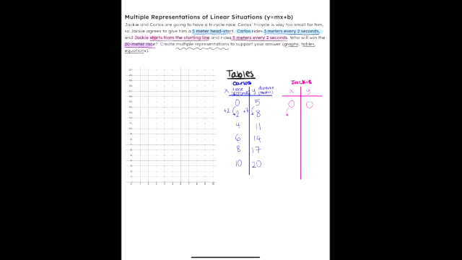So after 2 seconds, she increases by 5 meters. So our seconds column is going to go up by 2s, just like Carlos. And then our y column, our distance, is going to go up by 5. So 0, 5, 10, 15, 20, 25.